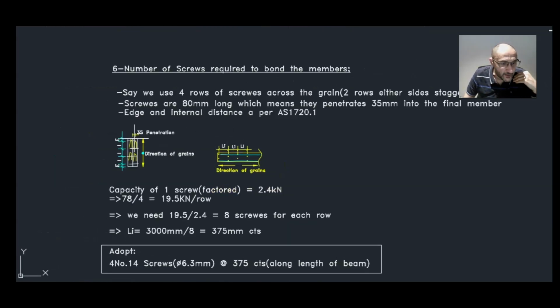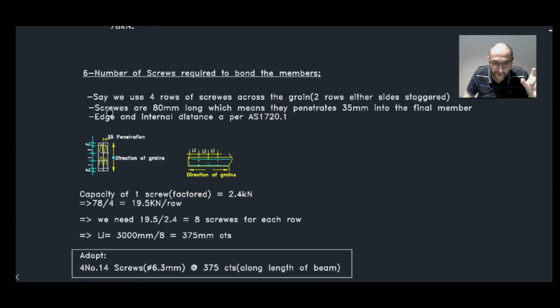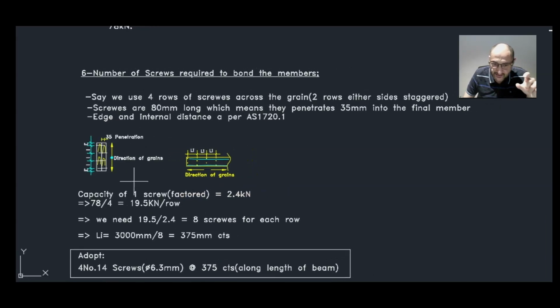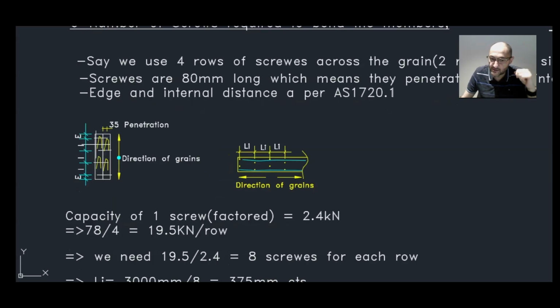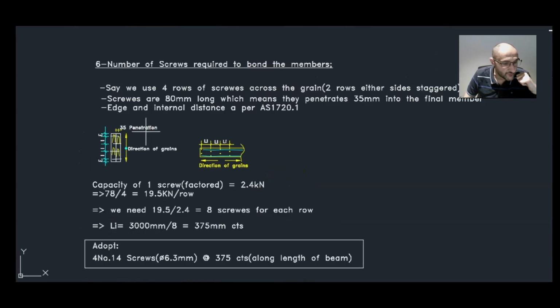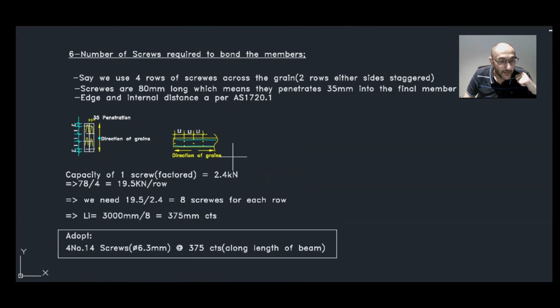I think the Australian framing code AS 1684.1 requires a minimum 75% of penetration depth into the final member. So depending on which country you're from, I urge you to check the requirements of your code. And then we also need to check the edge and internal distance as per the codes as well.